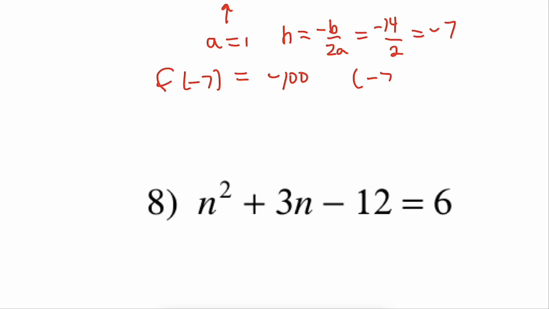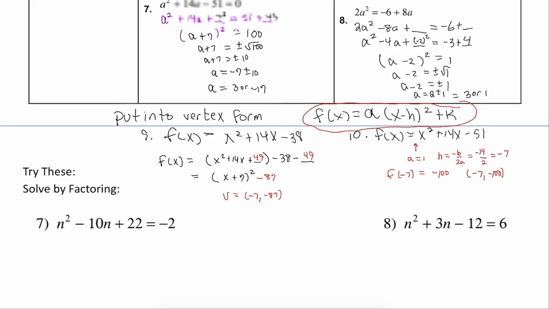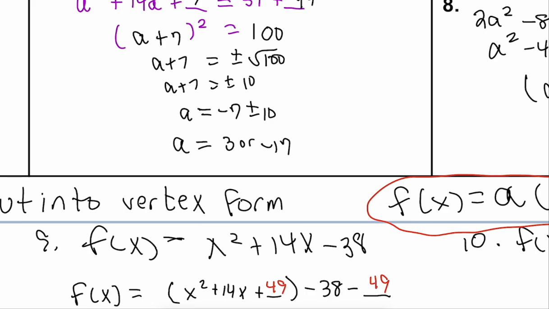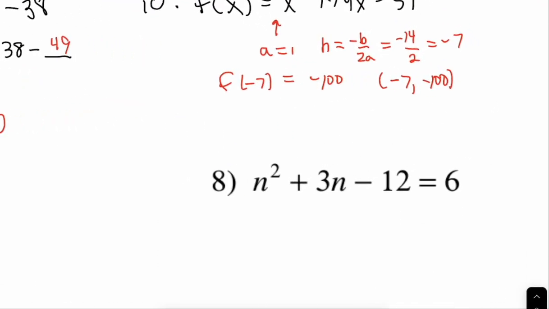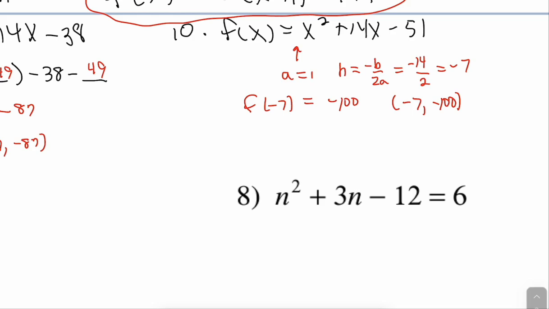So our vertex is -7, -100. So that's, see over here, -7, 100. Sorry about that. Okay. So now we got the correct vertex. So just plug everything in. It's 1 times x plus 7 squared minus 100. I was thinking I did the same equation twice.